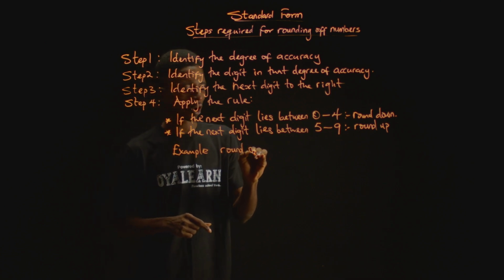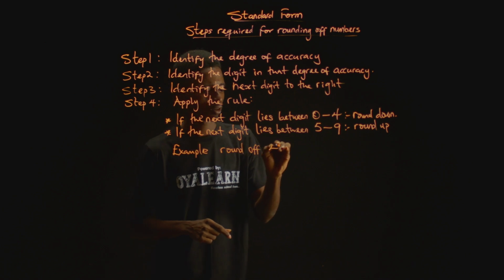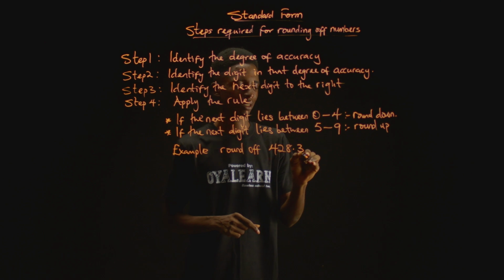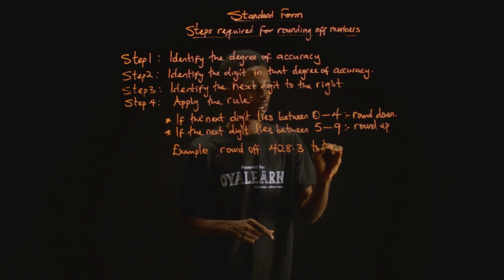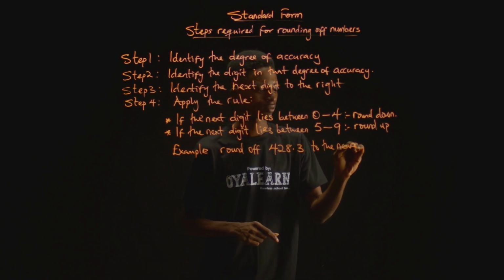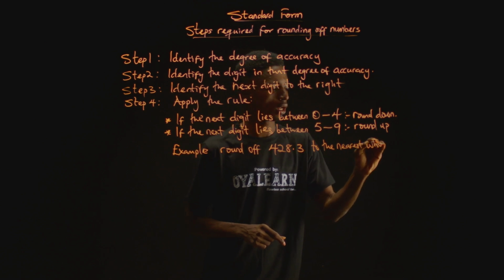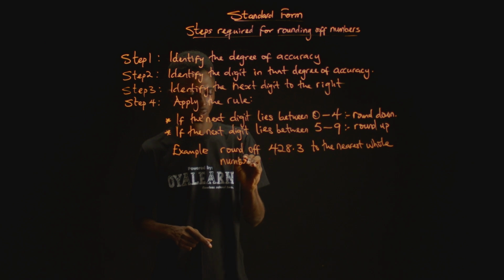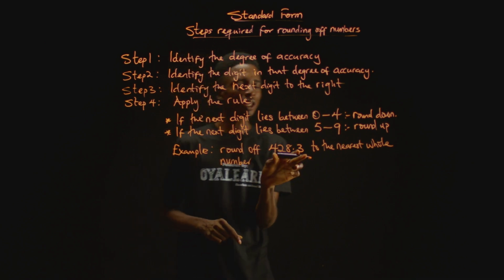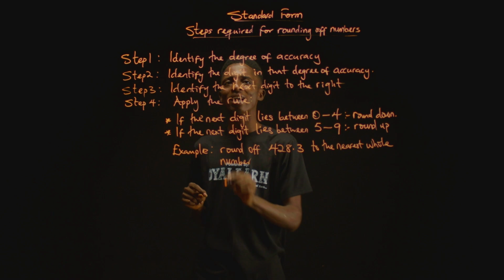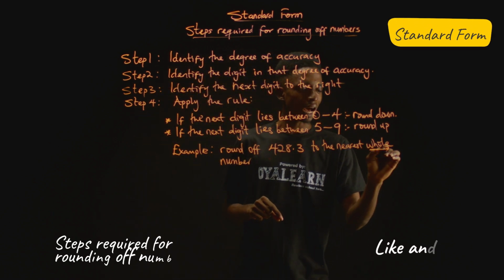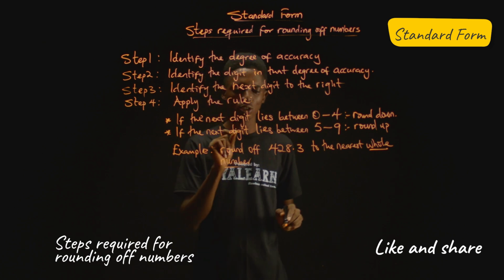Round off 428.3 to the nearest whole number. Now, when you look at these digits, the first step is to identify the degree of accuracy. And what we are told is to approximate to the nearest whole number.